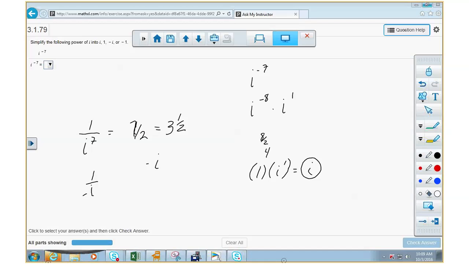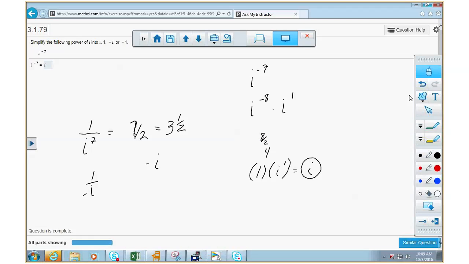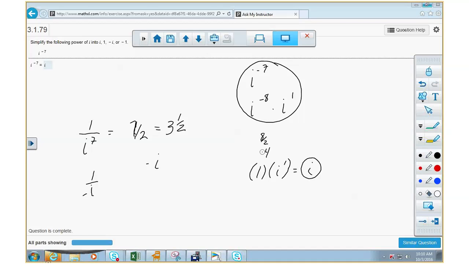What's the answer on this one? Yep, that's what I did. So I did this part right here, the way the book says to do, but instead of dividing by 4, I divided by 2. i is a fraction, 1 is a whole.